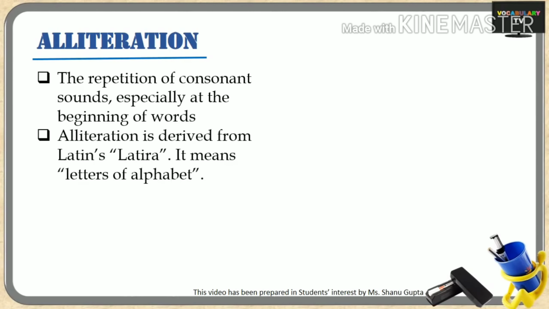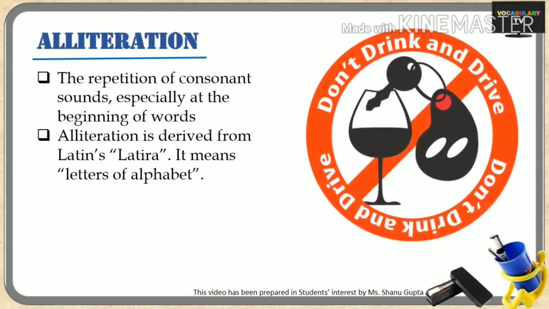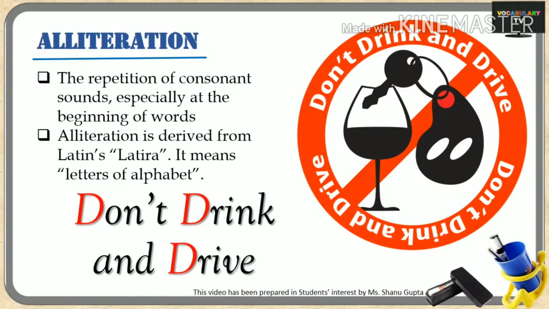Alliteration is derived from the Latin word littera, which means letters of the alphabet. Examples of alliteration abound in real life. When you are driving, you might come across the sign, "Don't drink and drive." Now, the successive words start with the sound d.